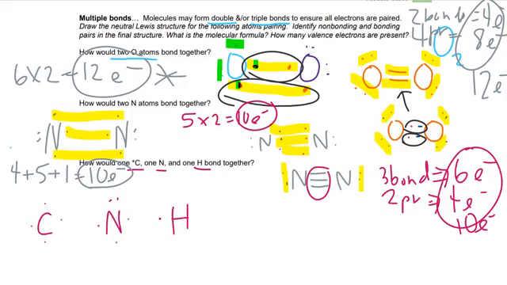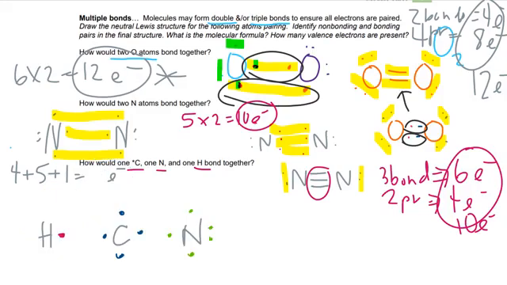So what I would do to start is look at this and see who needs the most bonds. Carbon needs to make 4 bonds, nitrogen needs to make 3, and hydrogen only needs to make 1. So I would put carbon in the middle because it needs the most bonds. So I'm just going to redraw this real quick.